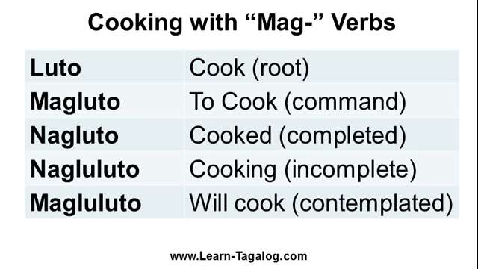That's completed. That's past tense. It's already done. Nagluluto, cooking, incomplete. You're still doing it. Nagluluto ako. I'm cooking. Magluluto, will cook. Magluluto ako bukas. Okay, I will cook tomorrow. All right.